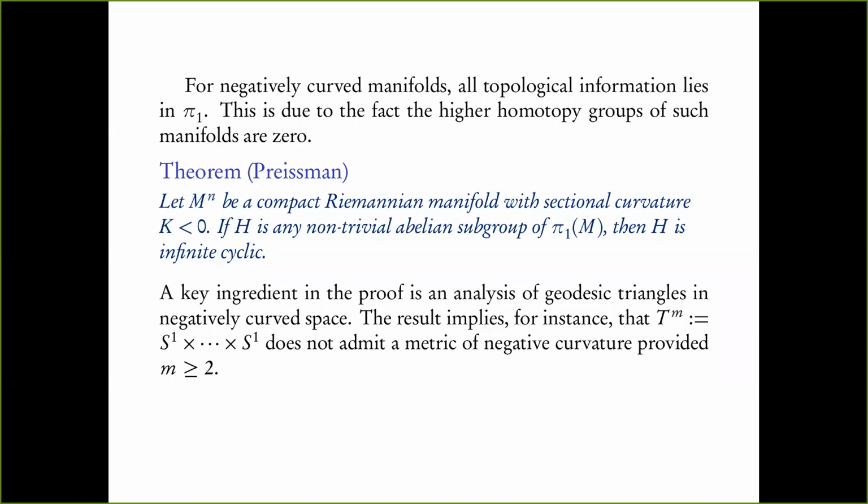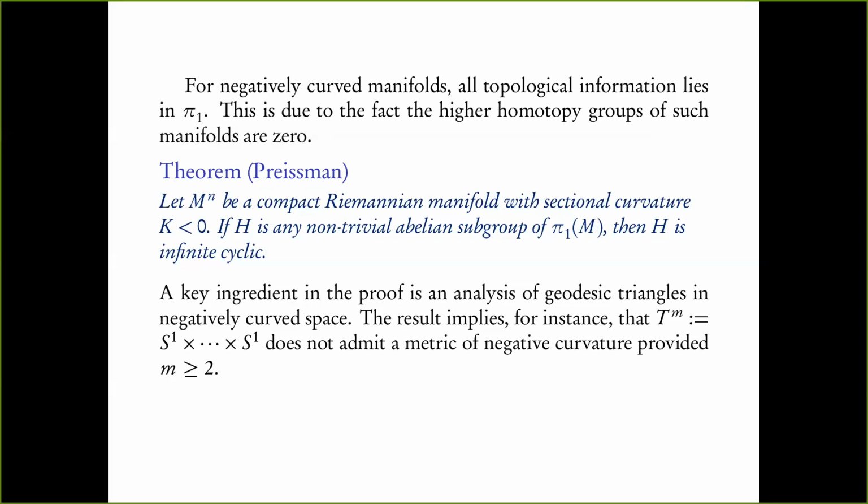Yes, sir. The fundamental group of T^m should be the product of the fundamental groups of the circles, that means Z cross Z cross Z, and Z cross Z is an abelian subgroup of that group, but not infinite cyclic.